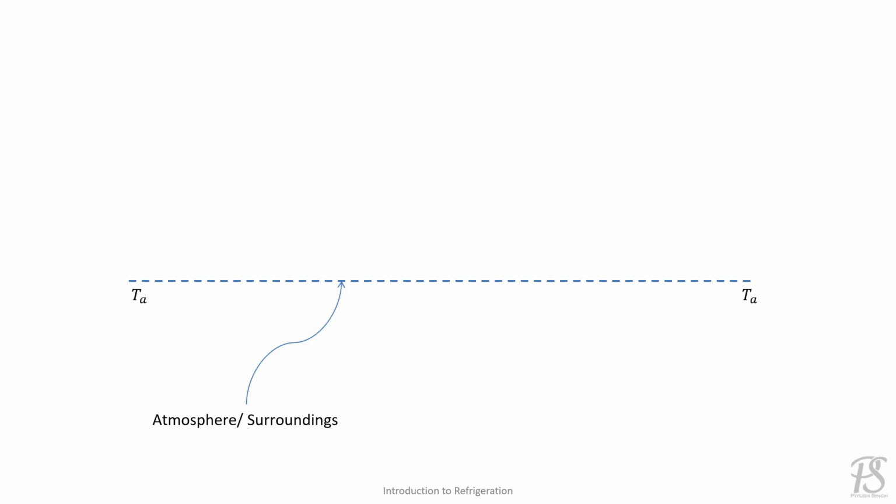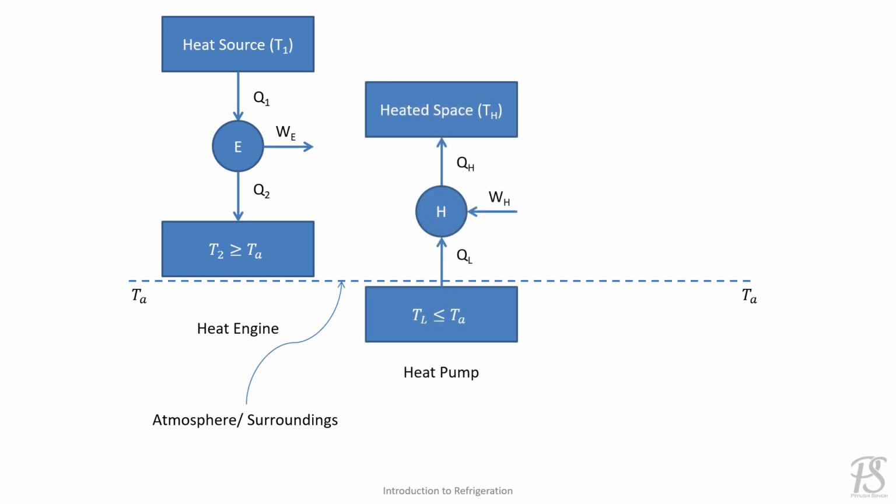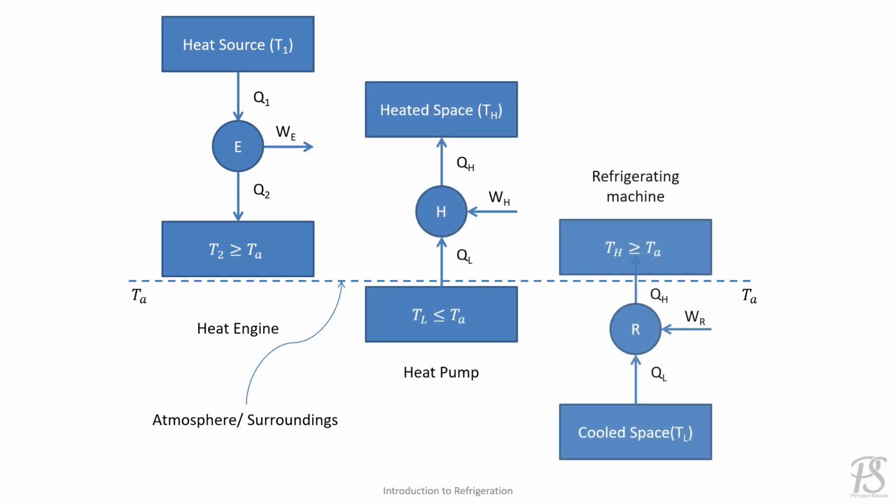Say TA is the ambient temperature. The figure here illustrates the application of heat engine, heat pump, and refrigerating machine. As can be observed, the same machine can be used either for heating or cooling. When used for heating, it is called heat pump, and when used for cooling, it is called a refrigerating machine.